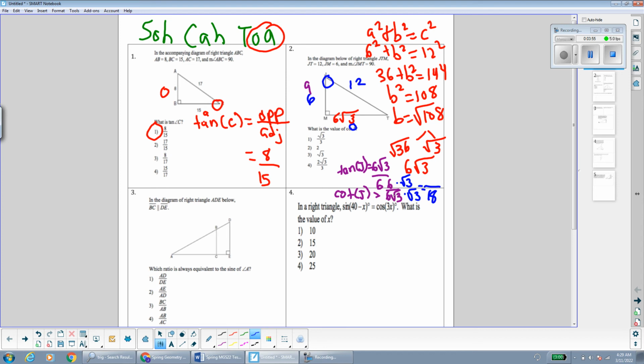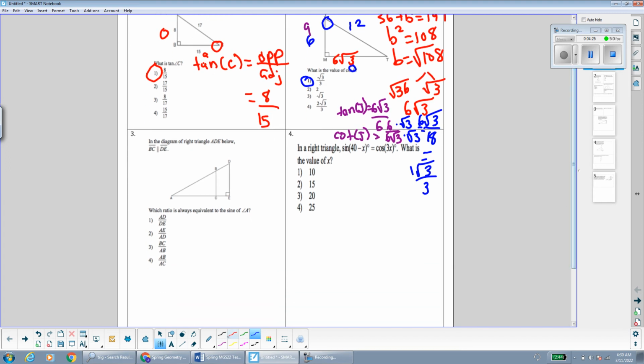And in the numerator, I have 6 radical 3. 6 and 18 divide evenly into each other. It cancels out from the top, and we have 3 left in the denominator. So that is radical 3 over 3. You can also think of this as being 1/3 radical 3, which is the same thing as radical 3 over 3. You can imagine that there's an invisible 1 in front. So that's answer choice number 1.